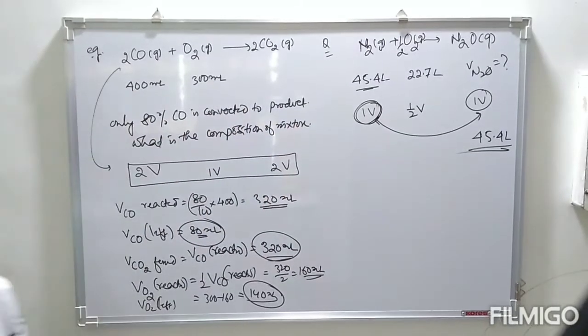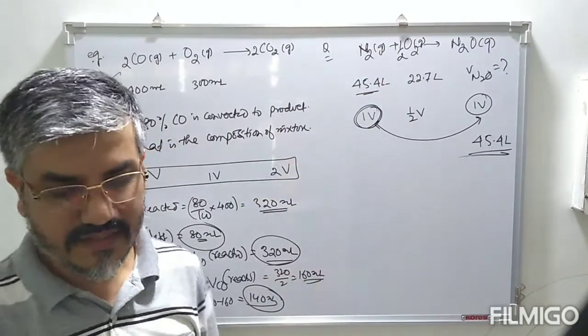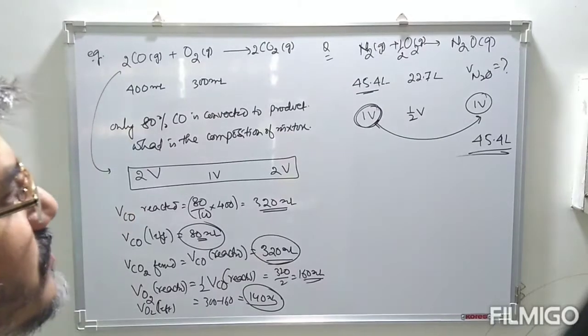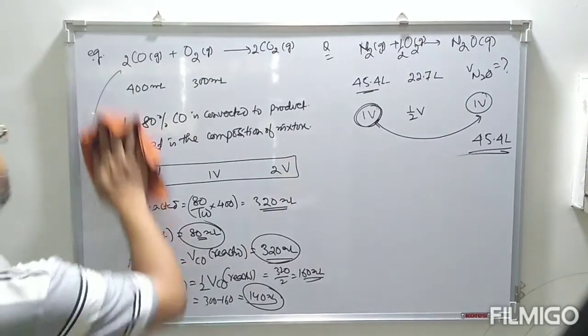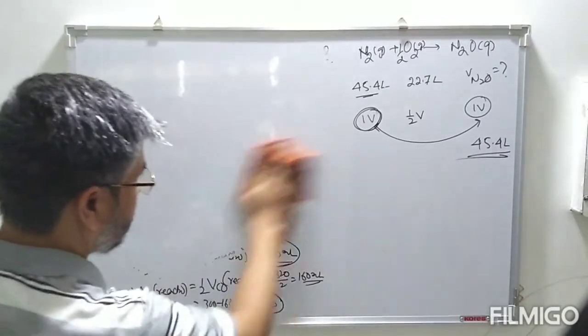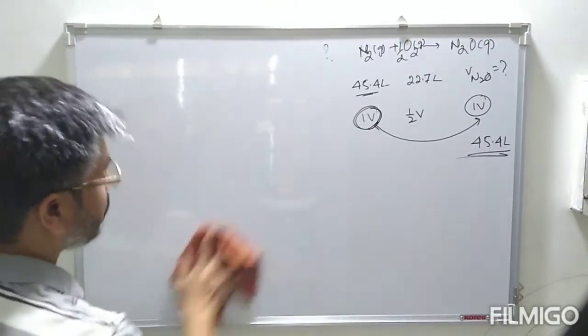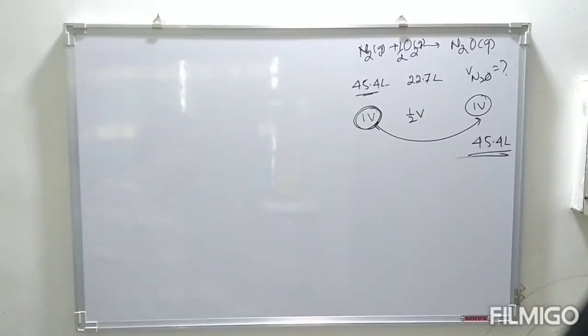So simply, by use of the balanced chemical equation we can find the volume of the product formed, or if the product volume is given, the volume of reactant reacted. This is the law of combining volume, also known as Gay-Lussac's law of combining volume.